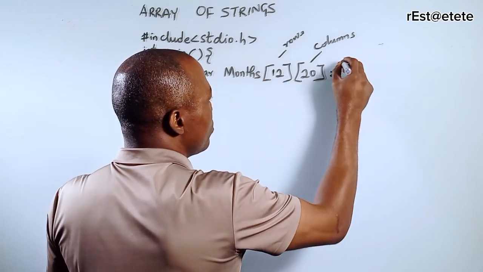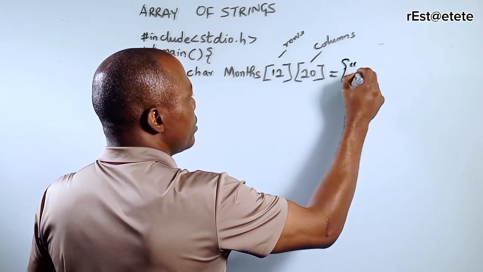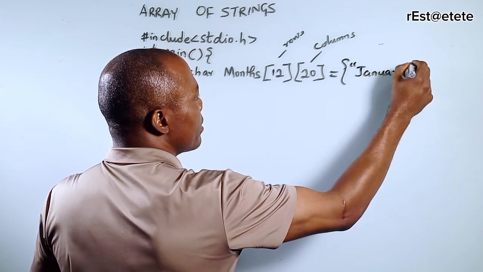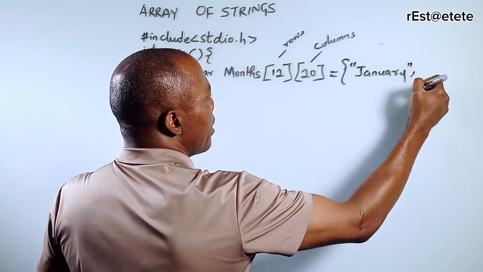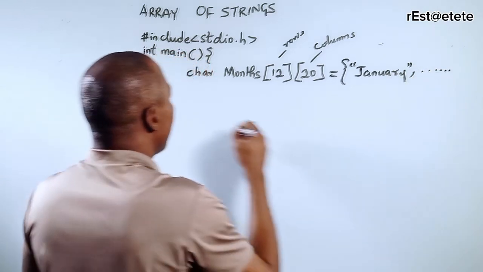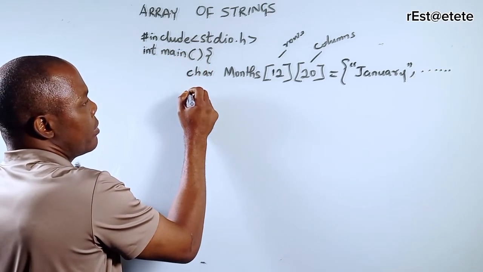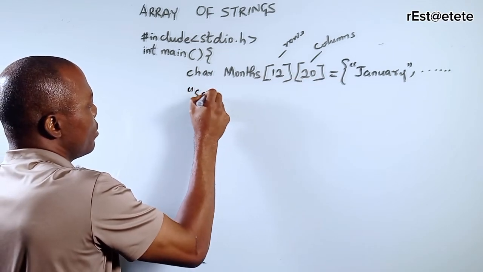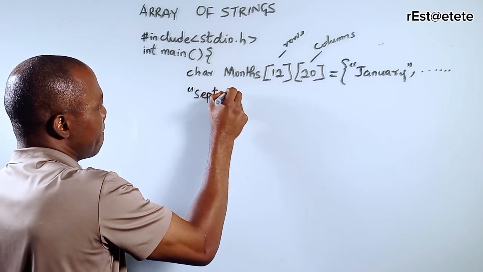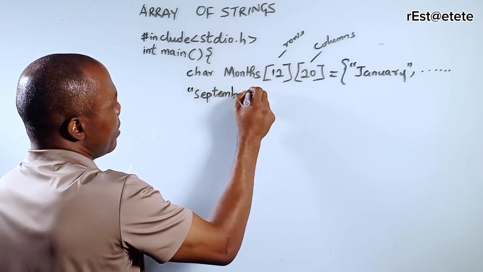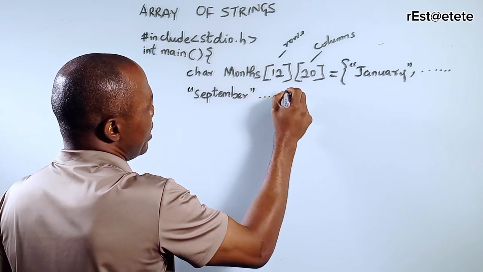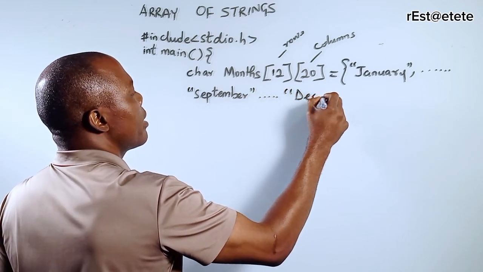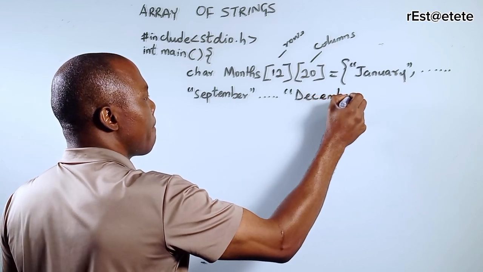So here I will write January, comma. Here, let's take it from January, then we'll continue with September, just to save our time.